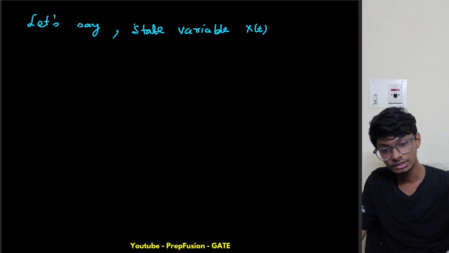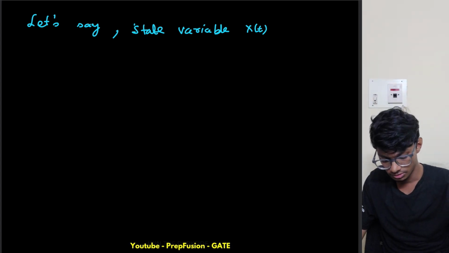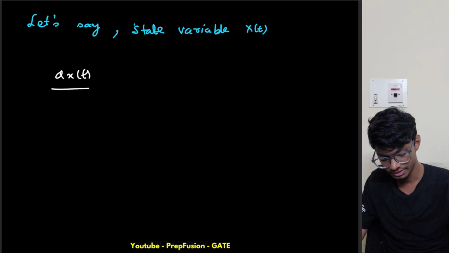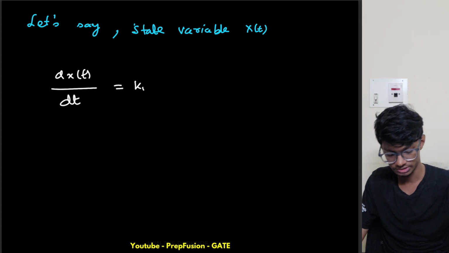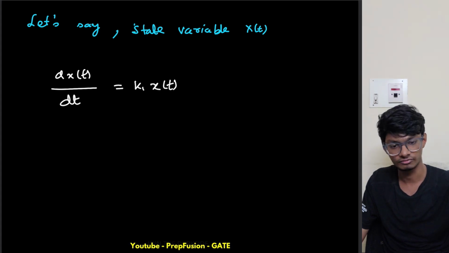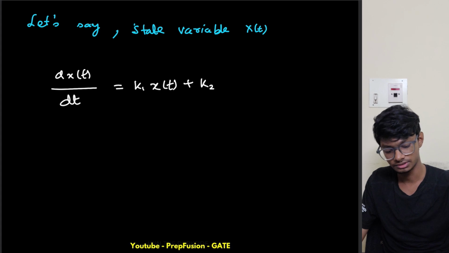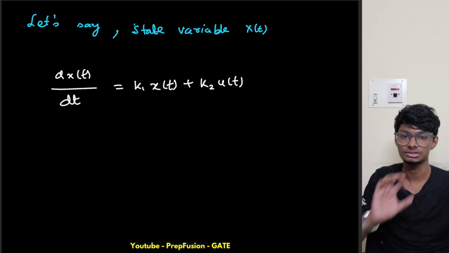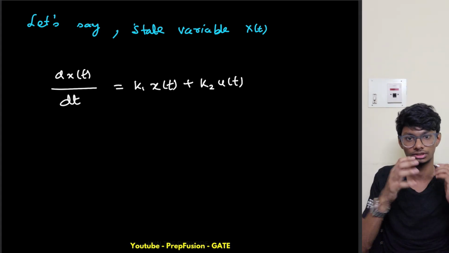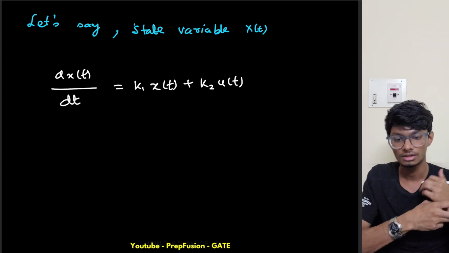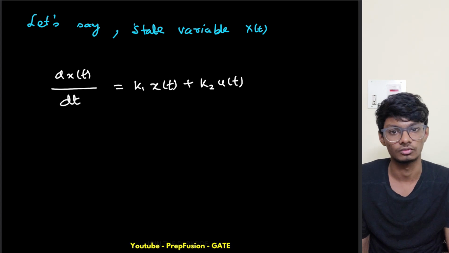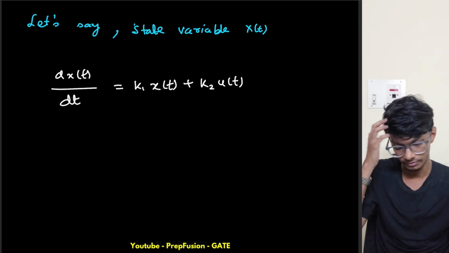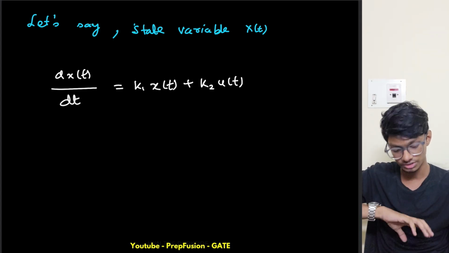The equation for this state variable will be something like this: the differentiation of the state variable with respect to time equals some constant k1 times the state variable itself plus some other constant k2 times the input. The input is u of t. It's not a step, the input is defined as u of t. So k1 and k2 can be 0 or not, we don't know; they can take any values. So this is what a state equation basically is.